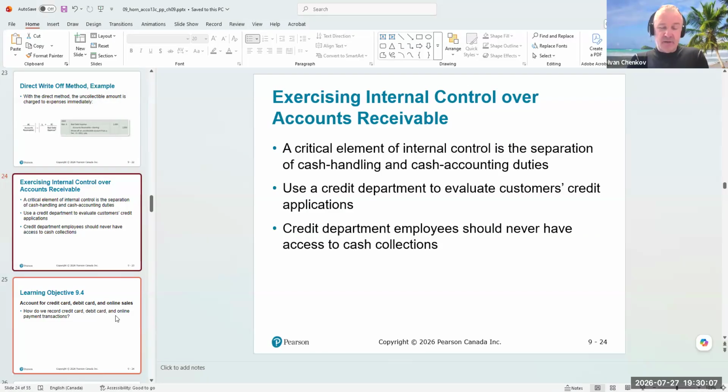Now, if the company is big, then you're going to have a credit department, and credit department employees should never have access to cash collection. So whatever they're chasing from the client, they don't see the cash, and the only thing they can see on the report is the allowance for doubtful accounts or bad debt actually collected.